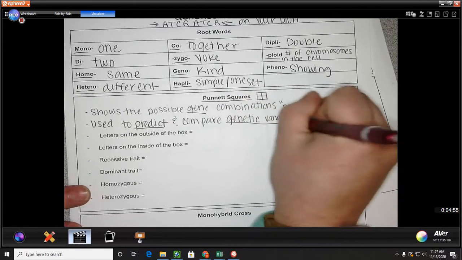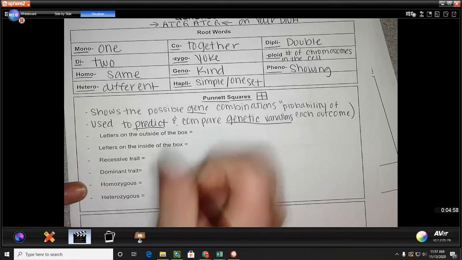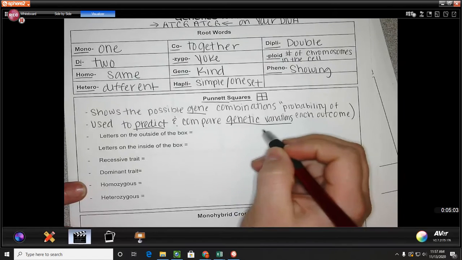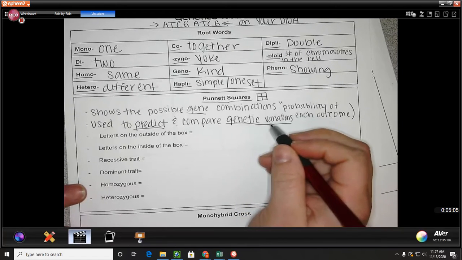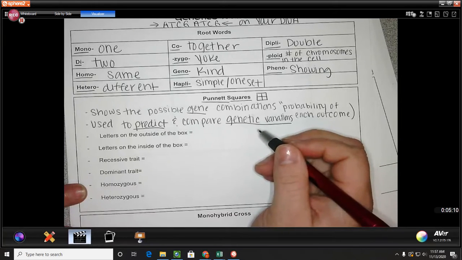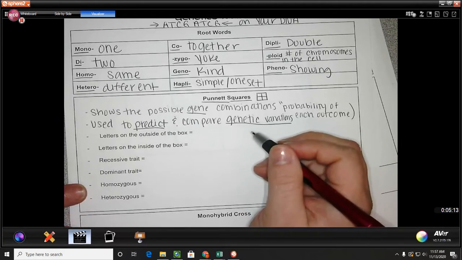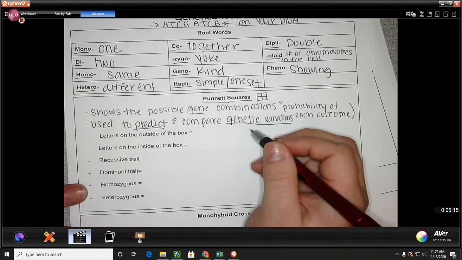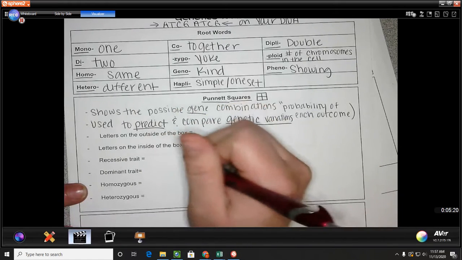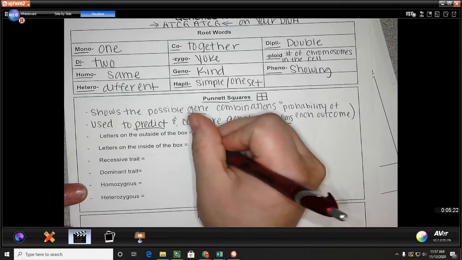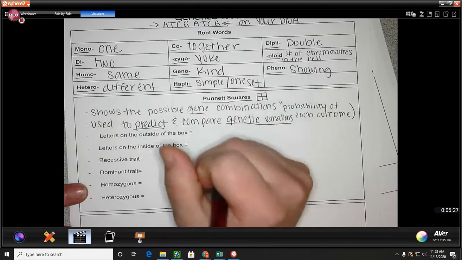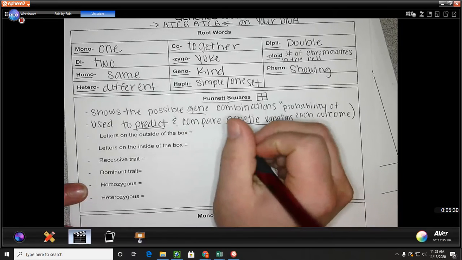So predict is like taking a guess, and genetic variation is how we all look different. We all look different because of our genetics. So what we are doing is predicting the possibilities. I know they use a lot of Punnett squares when it comes to dog breeding. A lot of times when they breed dogs, they're trying to figure out how many of them are going to be blue, how many gray, blonde, and that's when they use Punnett squares.